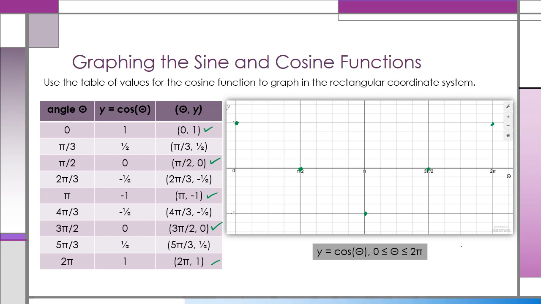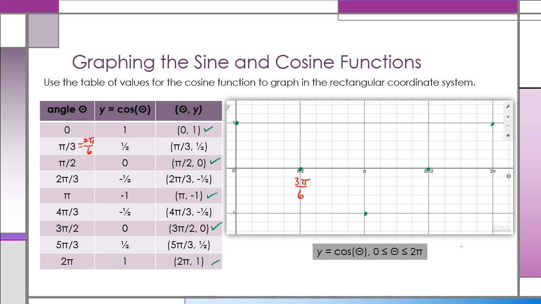Pi over 3, where is pi over 3? Well, let's think about what we did before. Last time we broke everything into units of 6, and we said that pi over 2 is the same thing as 3 pi over 6. How many units of 6 is pi over 3? That would be 2 pi over 6.